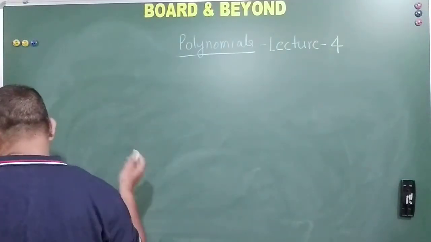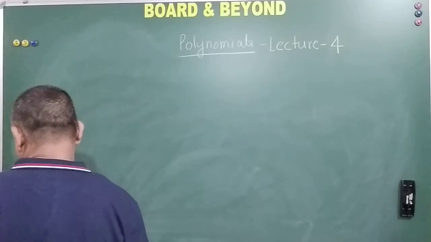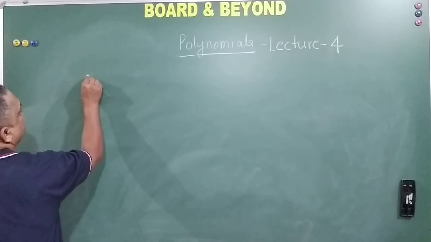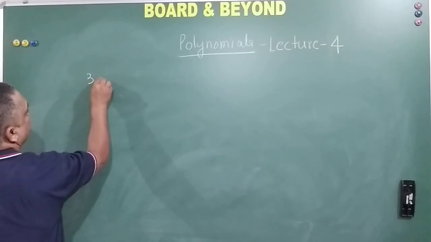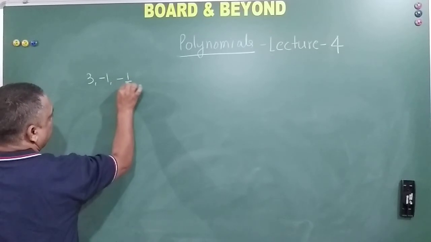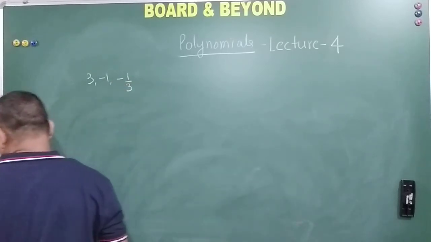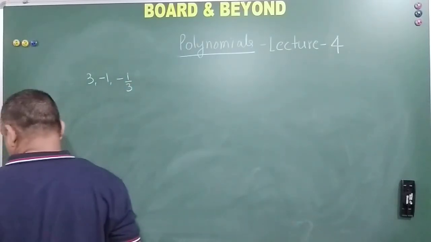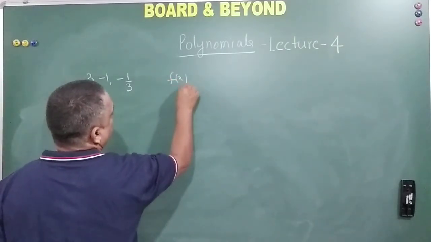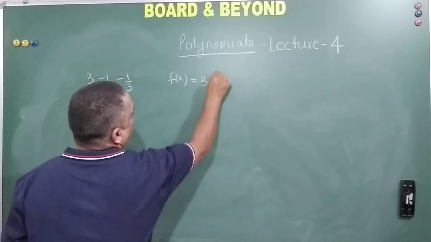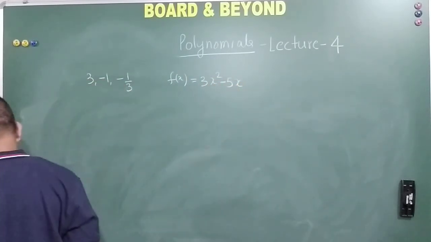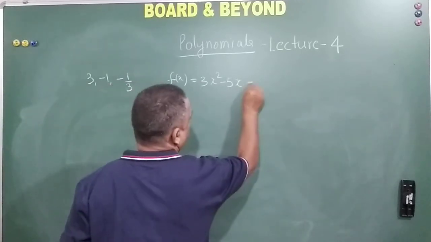Now let's take a simple question. Verify that the three roots, that is 3, minus 1 and minus 1 by 3, of the cubic polynomial 3x cube minus 5x square minus 11x minus 3.